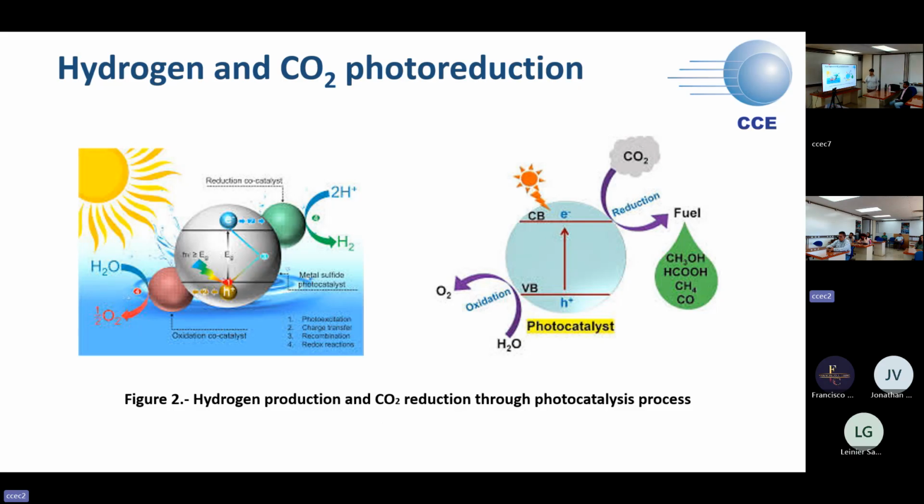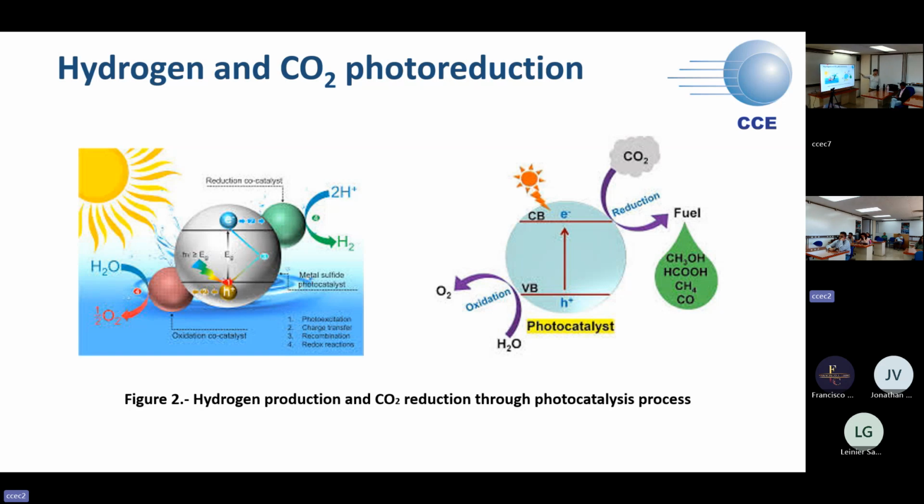This process is very simple, in which we use semiconductors that absorb light, and this photogenerates holes and electrons. These move to the surface of the compound, and once they reach the surface, they come into contact with different species, for example, water or a pollutant. In the case of hydrogen production, the electrons reach the surface and come into contact with protons.